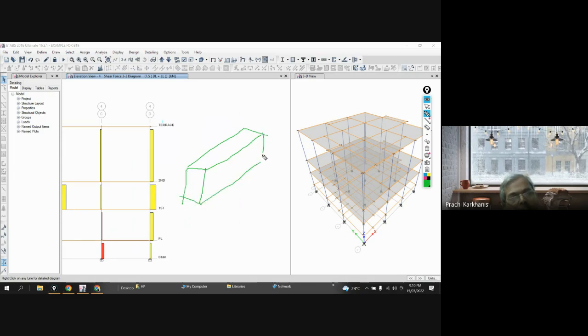Draw the beam immediately. Then you will draw one axis something like this, you will draw two axis something like this, and then three axis something like this. So when you are going for V3, you are trying to find out the forces in this direction, right?